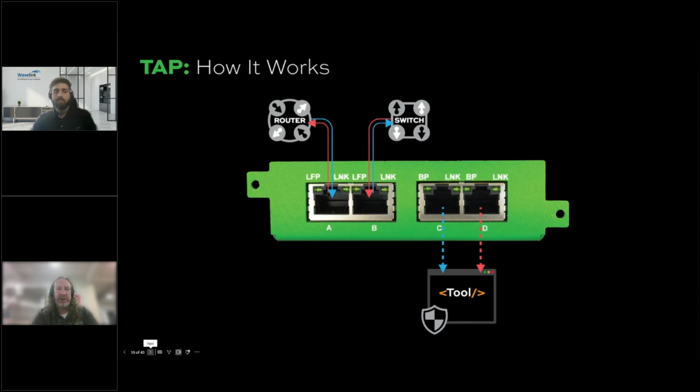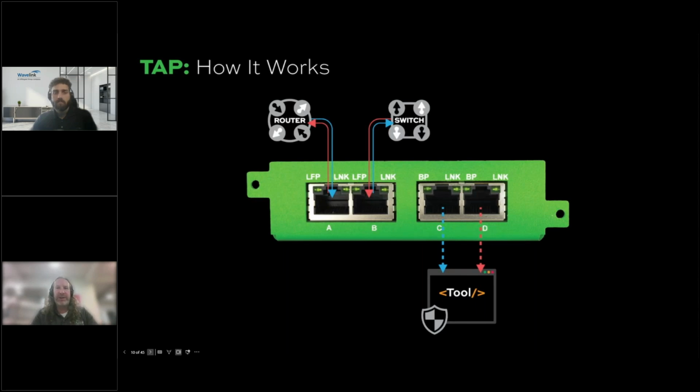In this case, we're utilizing what's called a breakout tap, and all the traffic from the router to the switch gets copied out monitoring port C, and everything from the switch to the router gets copied out D. If it was a tap between Marcus and I, one monitoring port would copy everything I say, and the other would copy everything Marcus says. A couple things to keep in mind: especially for OT, we have unidirectional taps, so the monitoring ports have no way to inject data back to the live network.